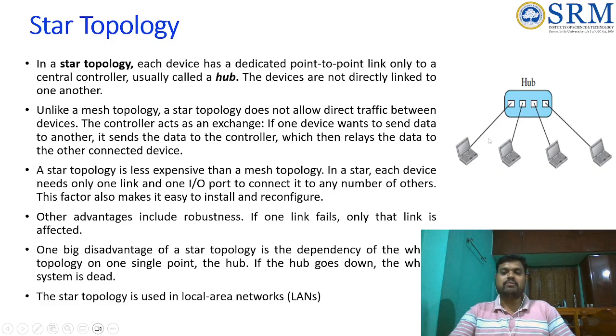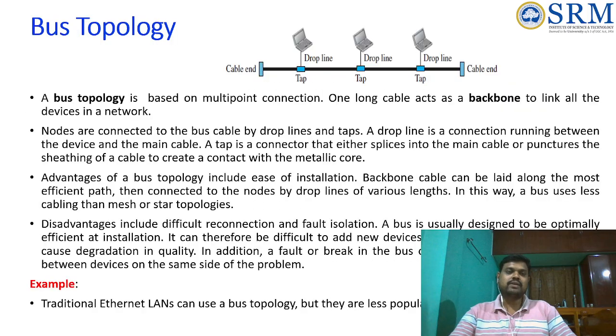All the communications are possible only through this central controller. If you want to transfer a packet from one PC to another PC, it has to pass through the central controller or hub. If the central controller goes down, the entire network will fall down. This is the disadvantage of star topology.